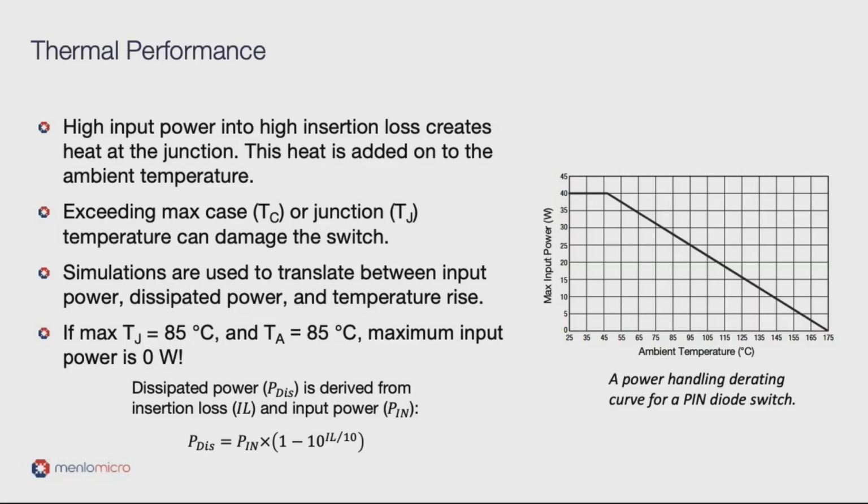You might have an 85-degree system requirement and think to choose a switch that's rated to 85 degrees. But if the maximum junction temperature is 85 and your ambient temperature is 85, then the maximum input power is 0 watts, because any more power than that will raise that junction temperature above its limit.